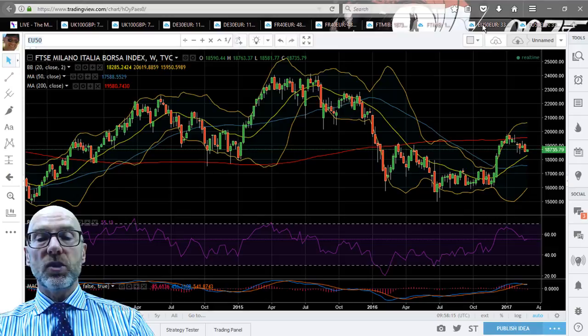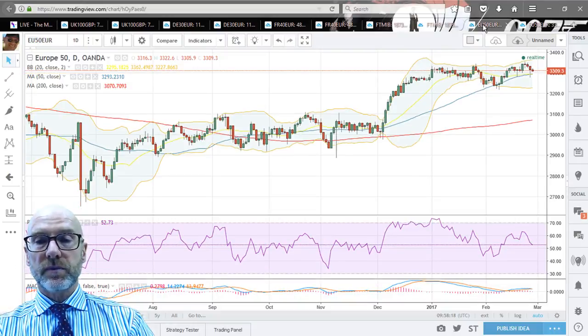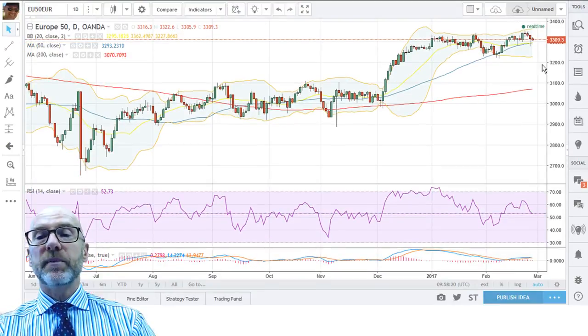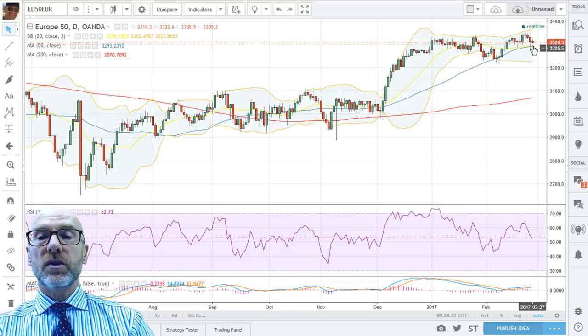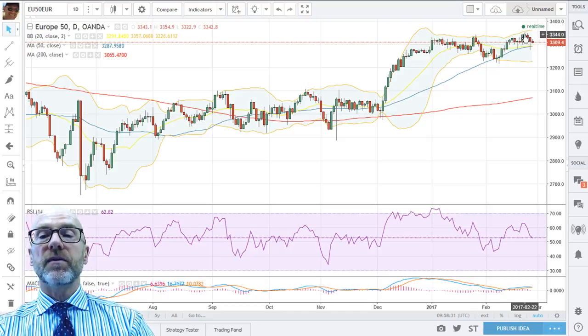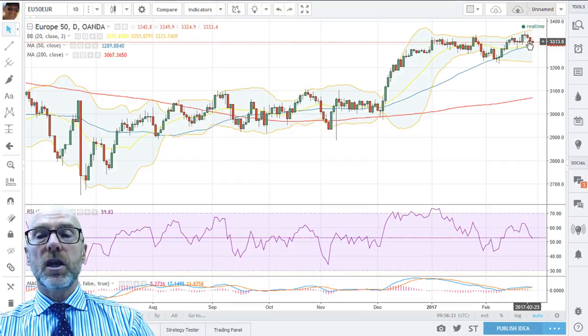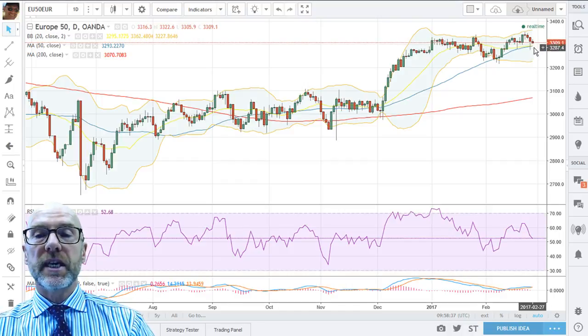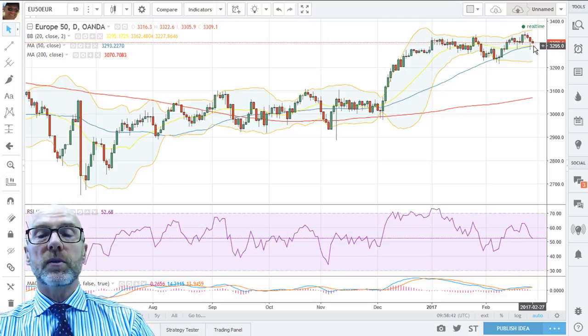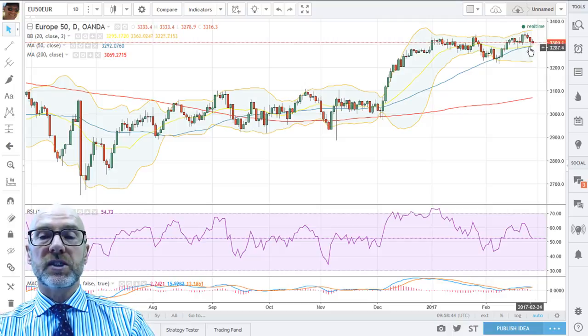On the EuroStoxx, again a bit like the DAX, it started to look slightly more positive at the end of last week, the middle of last week, but then faltered, coming back to support at the 20-day and the 50-day, which are still moving up, although the 20-day is virtually going sideways.